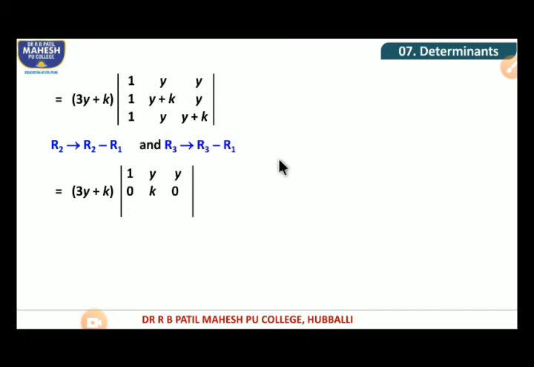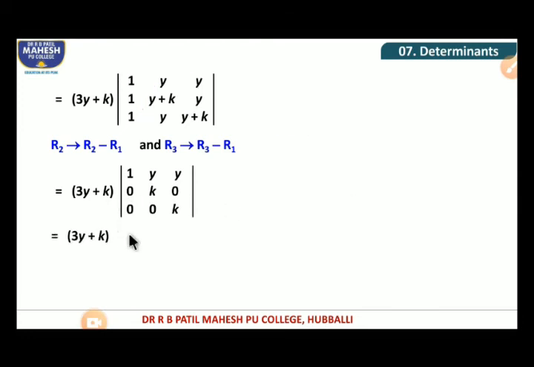Similarly we operate R3 changes to R3 minus R1, so we get 1 minus 1 is 0, y minus y is 0, y plus k minus y becomes k. Therefore 0, 0, k. And now this first column has two zeros, so we can expand along C1.